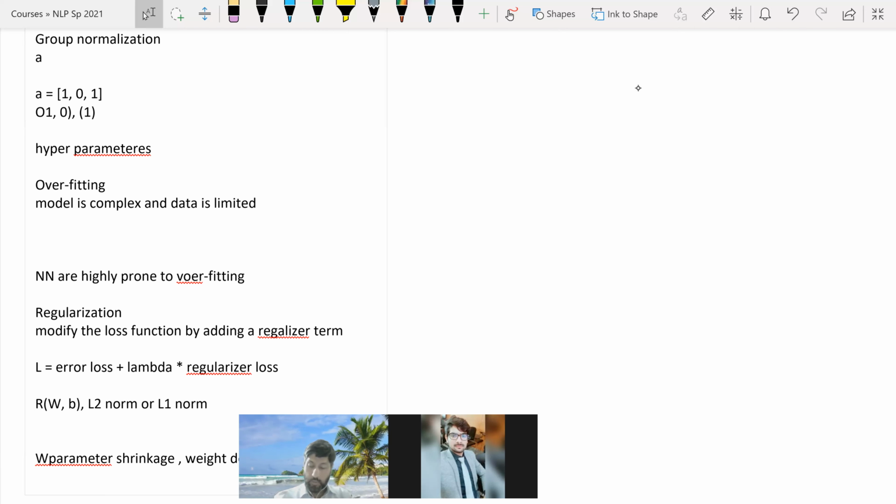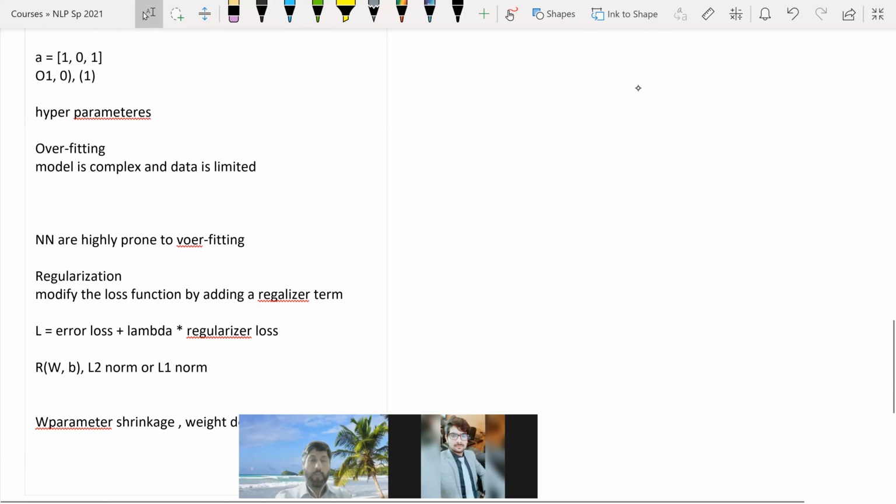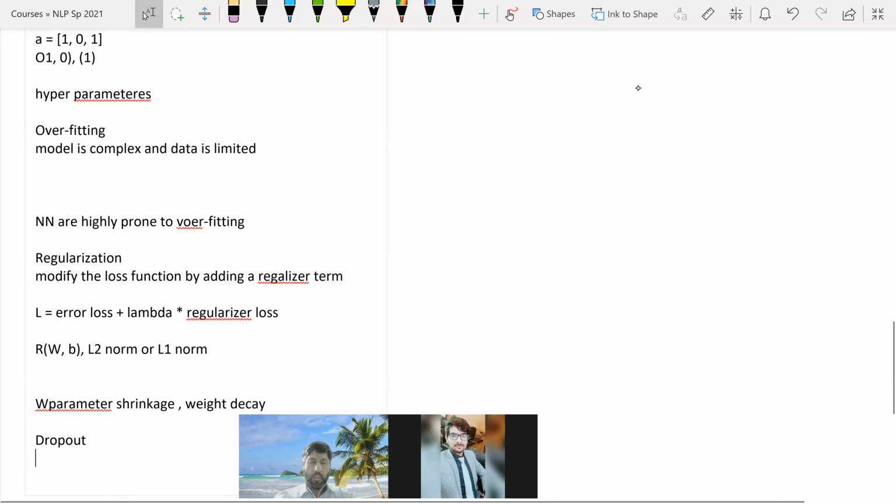But in neural networks, another approach has become very popular recently. This approach was proposed, I think, around 2015, primarily by Google, but by some other people as well. It is called Dropout.